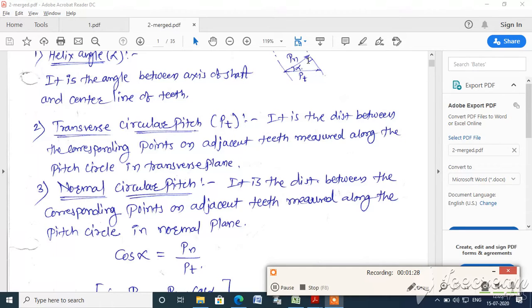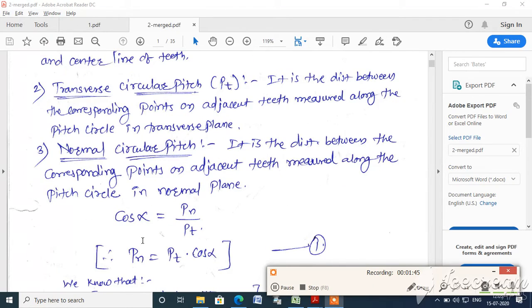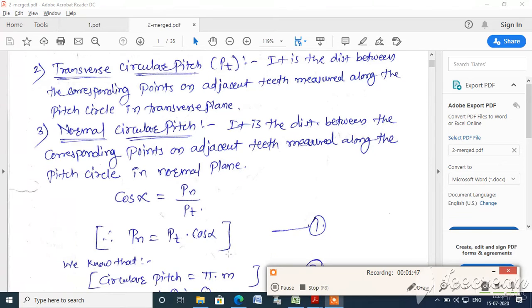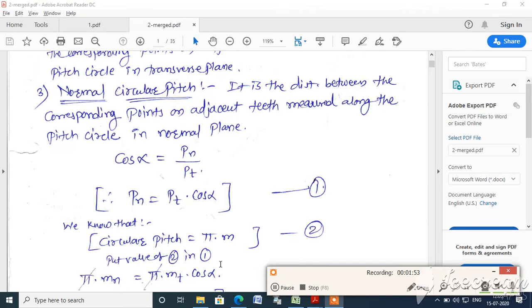Therefore, if you consider the triangle, here if I take cos alpha, cos alpha is Pn upon Pt. So therefore, Pn is equal to Pt into cos alpha. But we know that in spur gear we have seen circular pitch equal to pi into m.